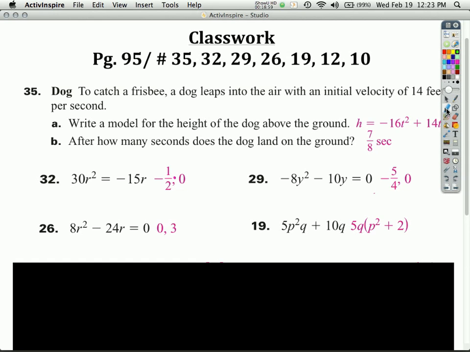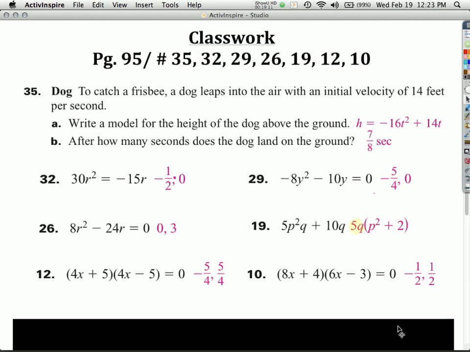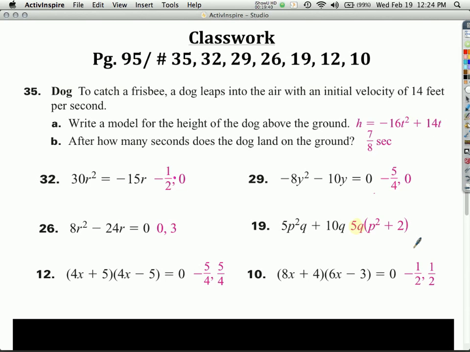So this is really, I believe, what we were looking for, but if you wrote this whole thing, that's fine as well. And the last 2.